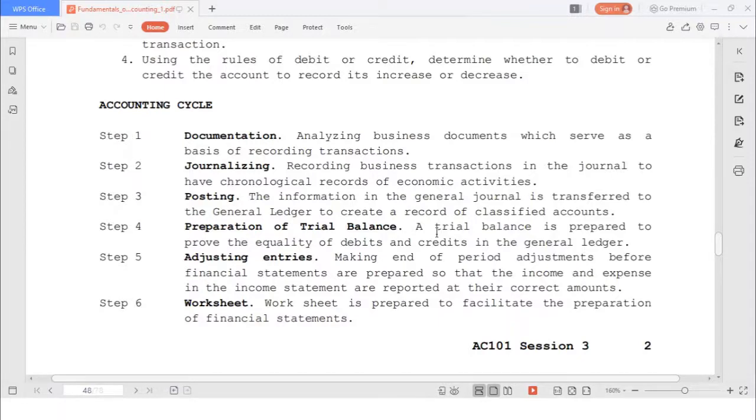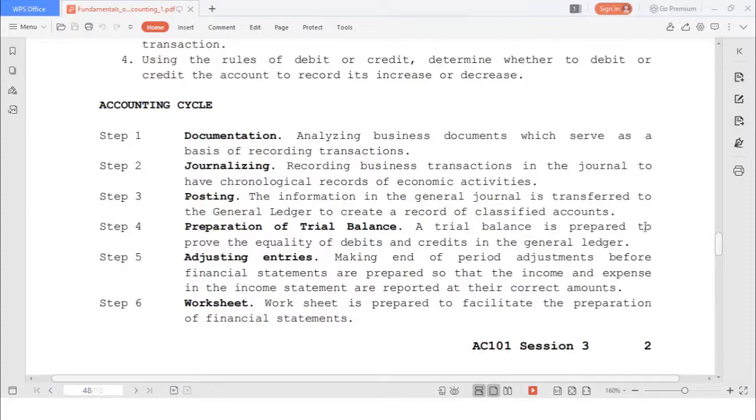Step 4 is preparation of trial balance. So, a trial balance is prepared to prove the equality of debits and credits in the general ledger. Step 5 is adjusting entries. It is making end-of-period adjustments before financial statements are prepared so that the income and expense in the income statement are reported at their correct amounts.